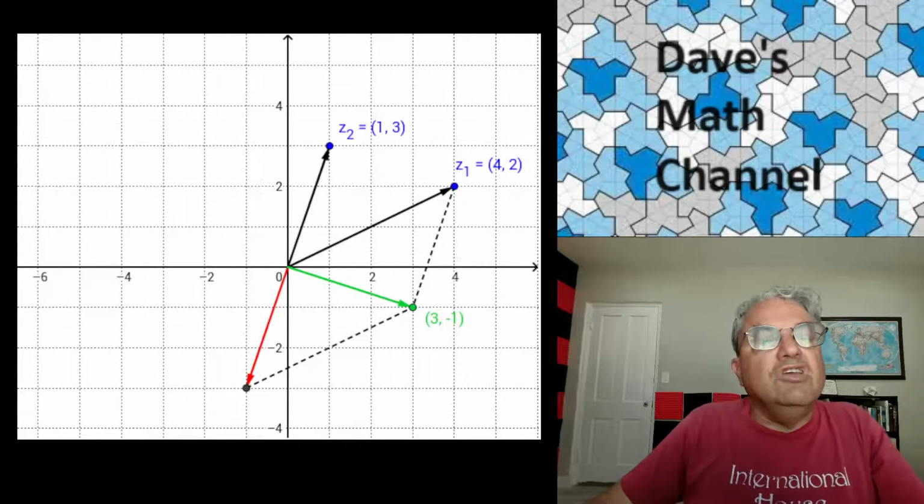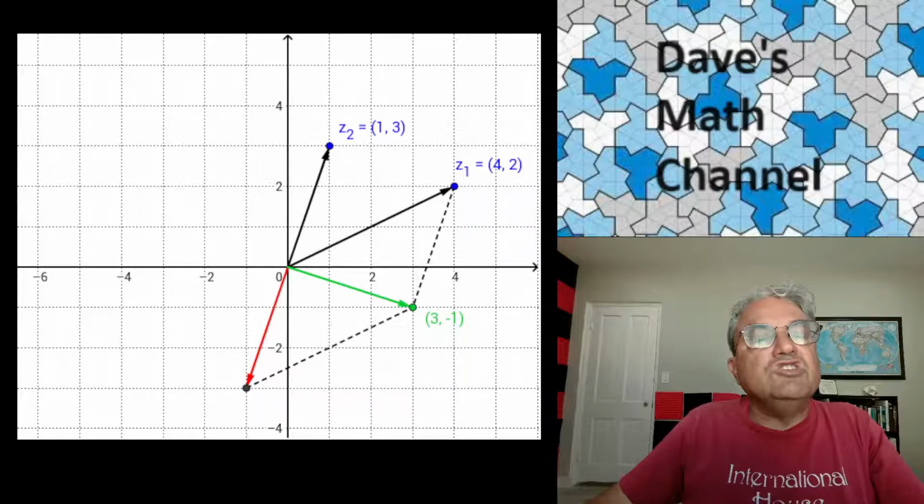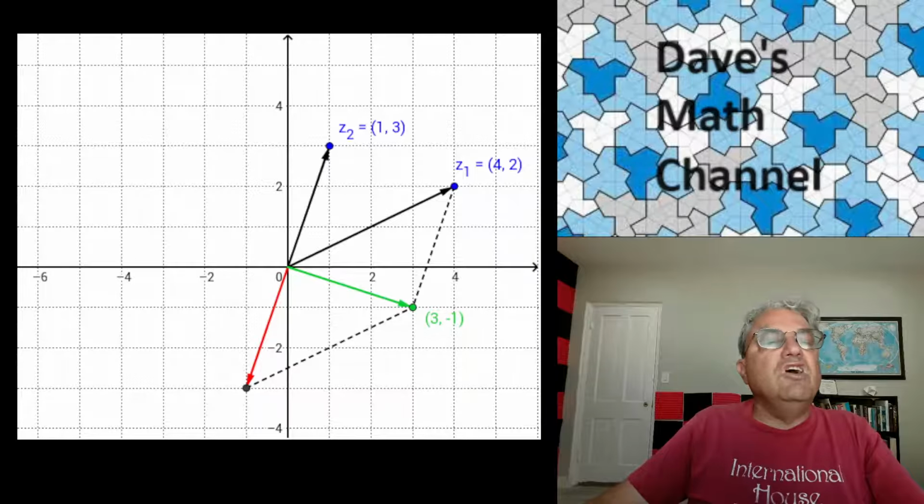But z1 in more conventional notation is 4 plus 2i, and z2 is 1 plus 3i. So you want to negate z2 since that's your second complex number. If you do that, you get minus 1 minus 3i. And then you can use the parallelogram rule the same way as we did before. And if you do that, you'll find that the answer is 3 minus i.